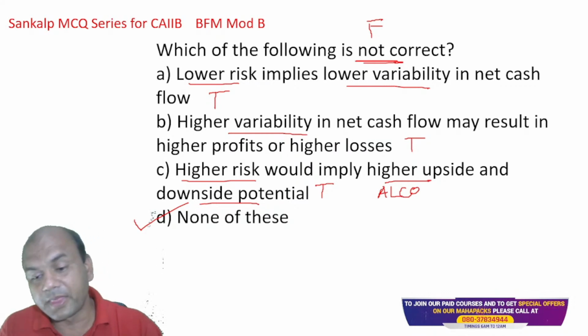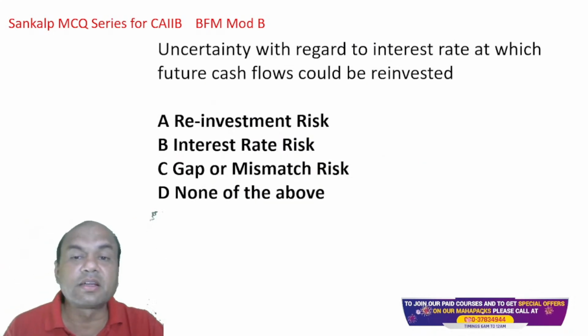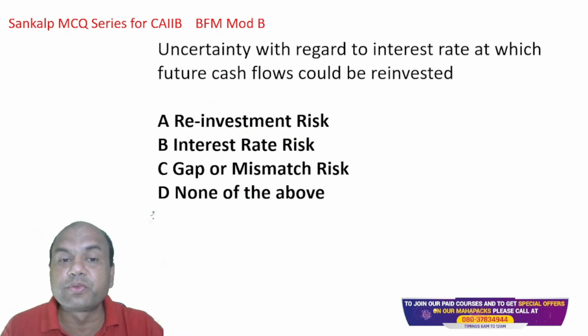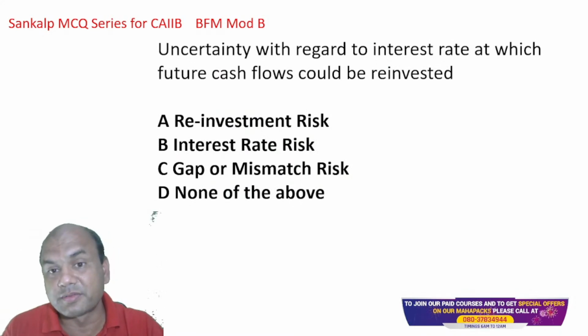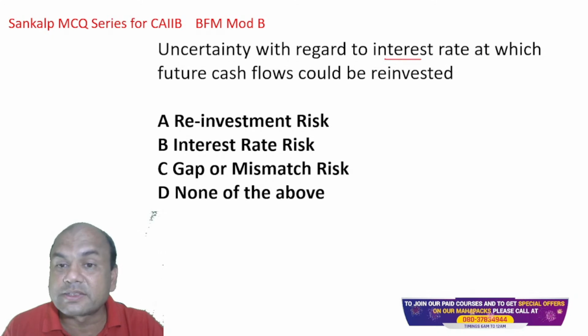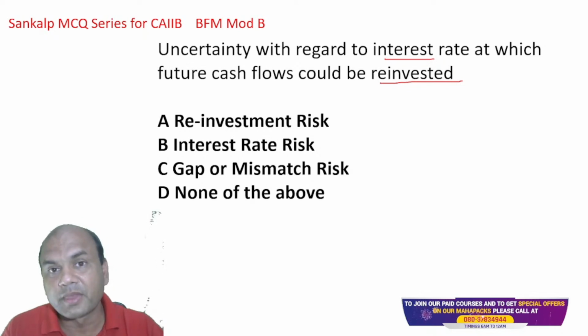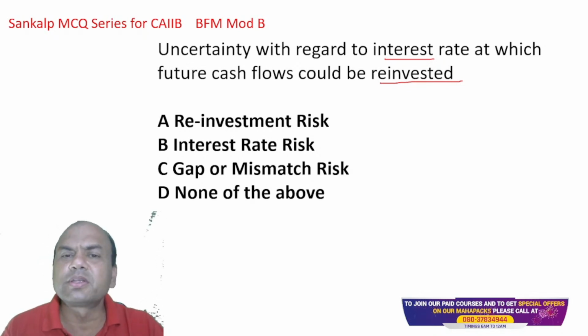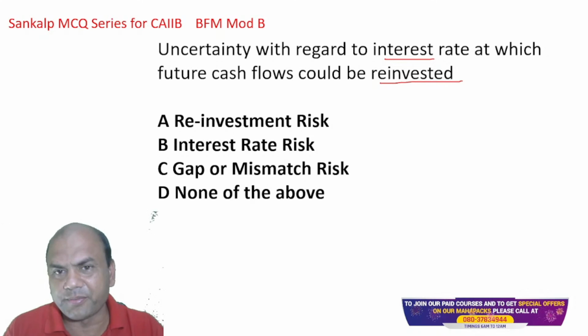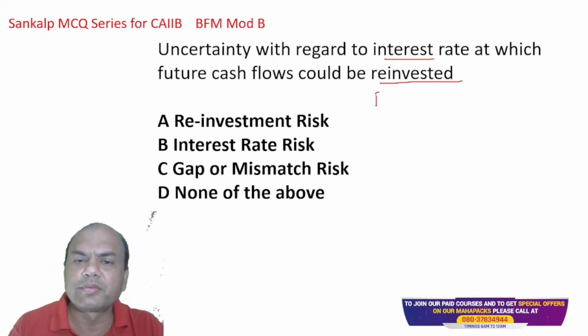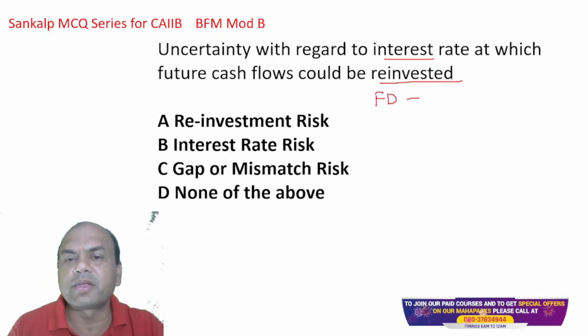Uncertainty with regards to the interest rate at which future cash flow could be reinvested. Basically we are talking of reinvestment. Means what? Suppose I am having an FD today at, let's say, 8%.